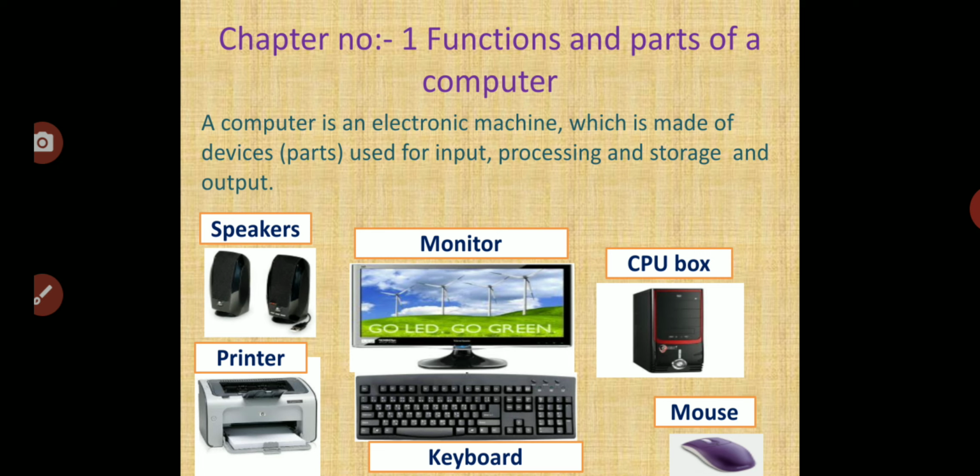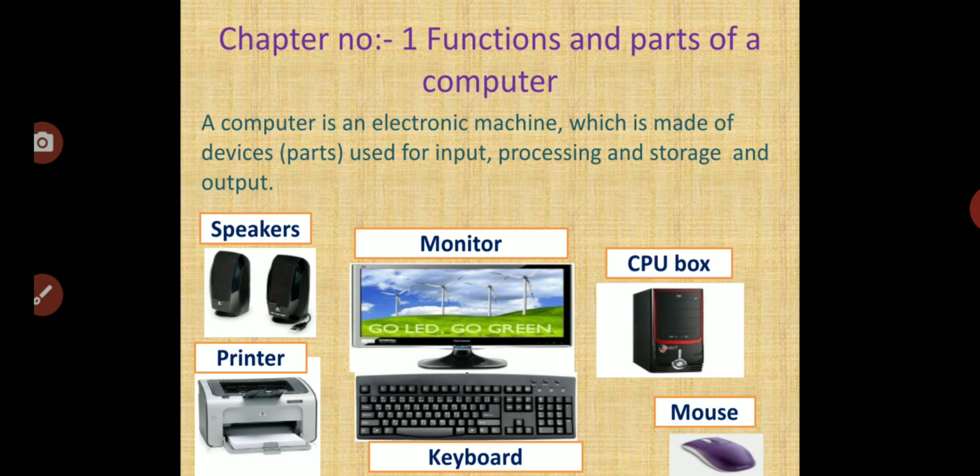The CPU is called the brain of the computer. Without the CPU, the computer cannot run. Monitor, keyboard, mouse, speaker and printer are connected to the CPU box with cables.